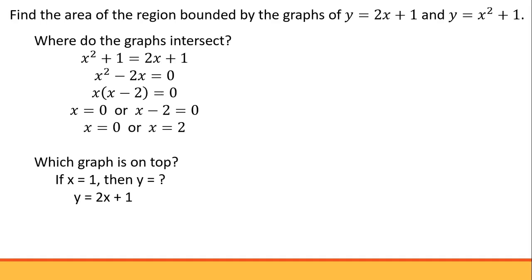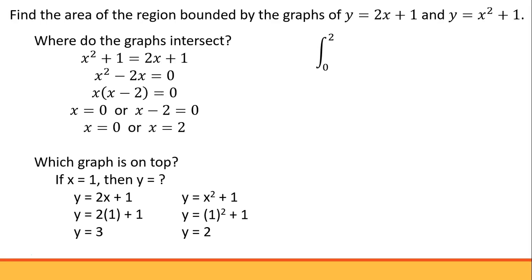So in the equation for the line, y equals 2x plus 1, when x is 1, y is 3. So 1, 3 is a point on the line. And when x is 1 in the parabola, y is 2. So 1, 2 is a point on the parabola. 1, 3 is above 1, 2. So the line must be the top function.